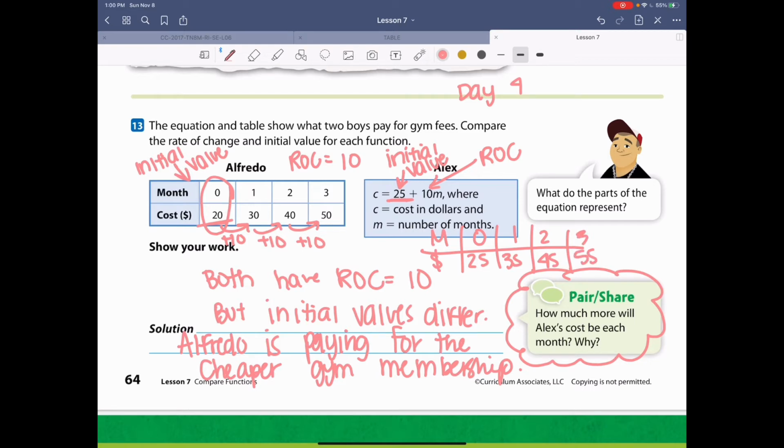So it's going to be a $5 difference every single month for the two guys. $5 difference every month. And that's because Alex's initial value was $5 more expensive than Alfredo's. And we will move on.